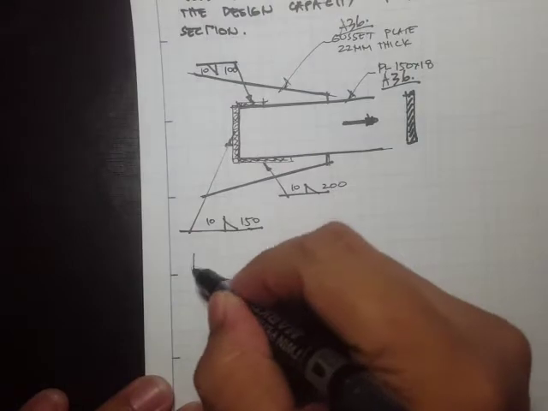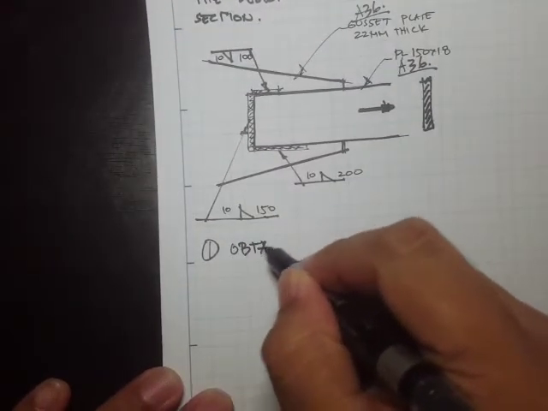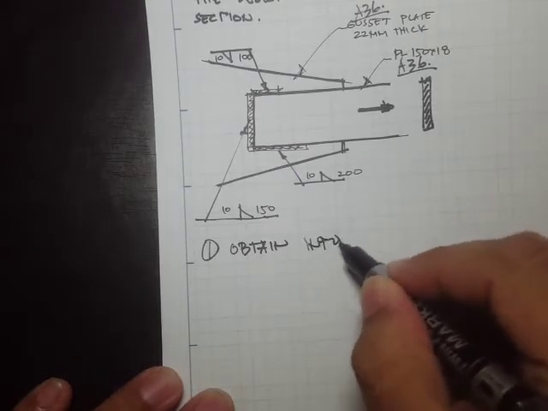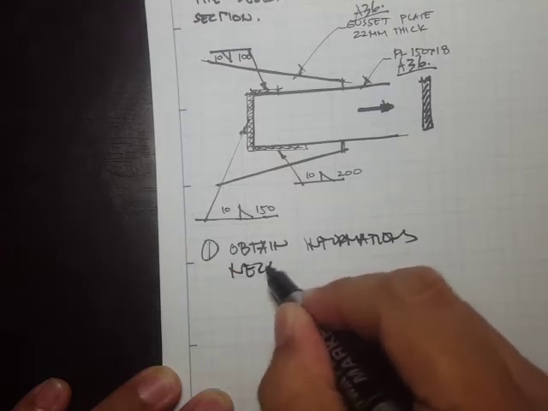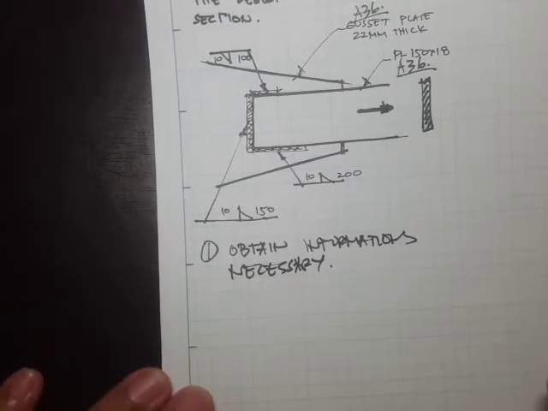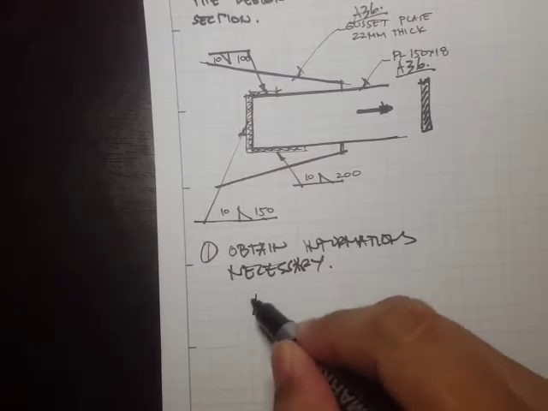Okay, so for now, since we don't have the information or data, we have to obtain the necessary information. First we have A36.